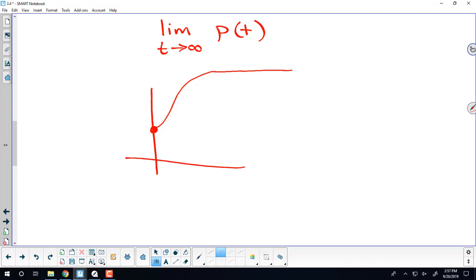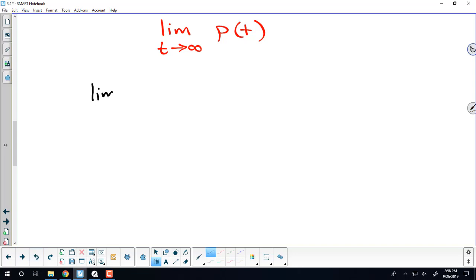For us, our population is more like this. But there is no steady state reached by that second graph, because it just keeps going and going. So that's all they mean by steady state population: you're asking the question, does the population ever level off?